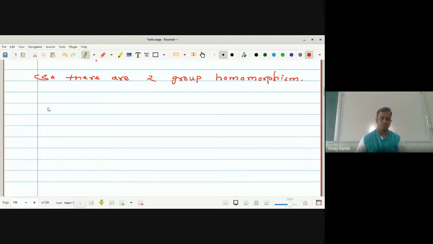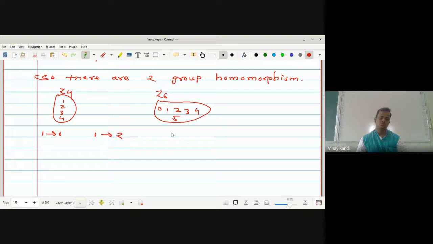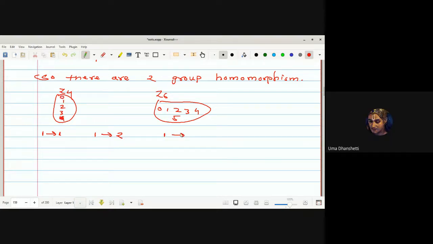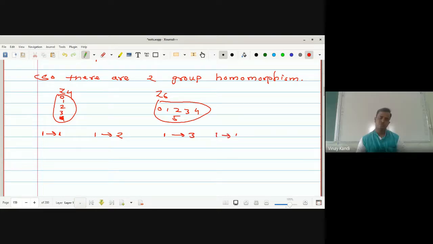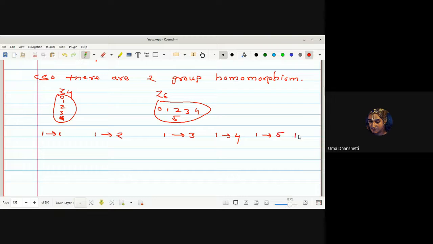Okay, first, what is the possibility? This is Z4. This is Z6: 0, 1, 2, 3, 4, 5. Here, what is the possibility? 1 maps to 1, 1 maps to 2, 1 maps to 3, 1 maps to 4, 1 maps to 5, 1 maps to 6.